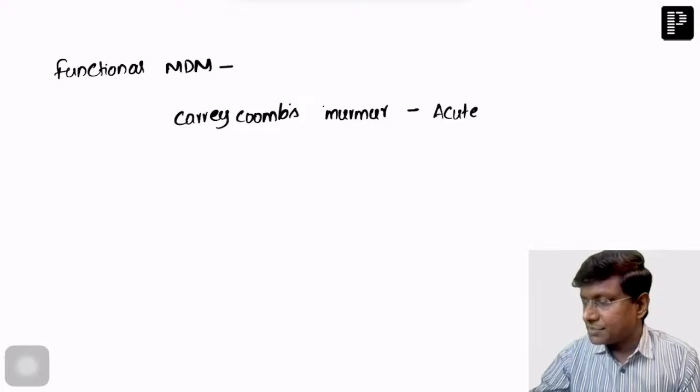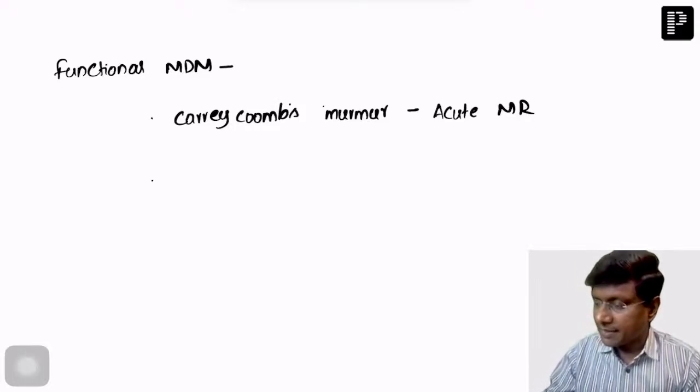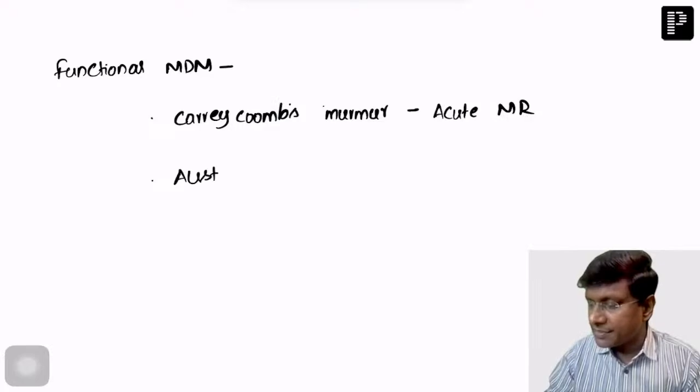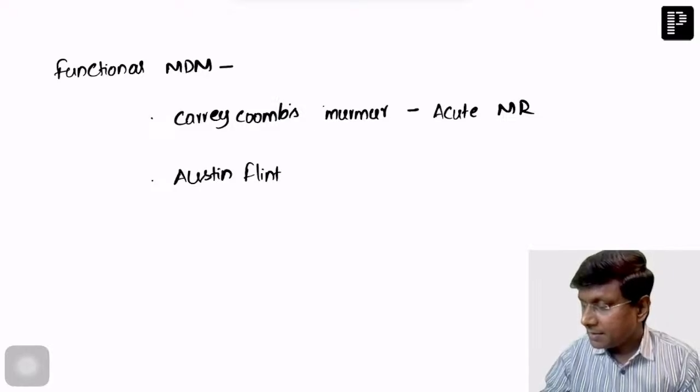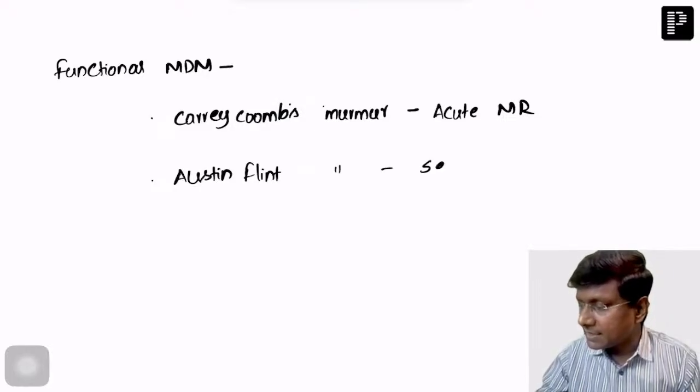The other condition where you will have a functional mid-diastolic murmur is the Austin-Flint murmur, which is observed in severe AR.